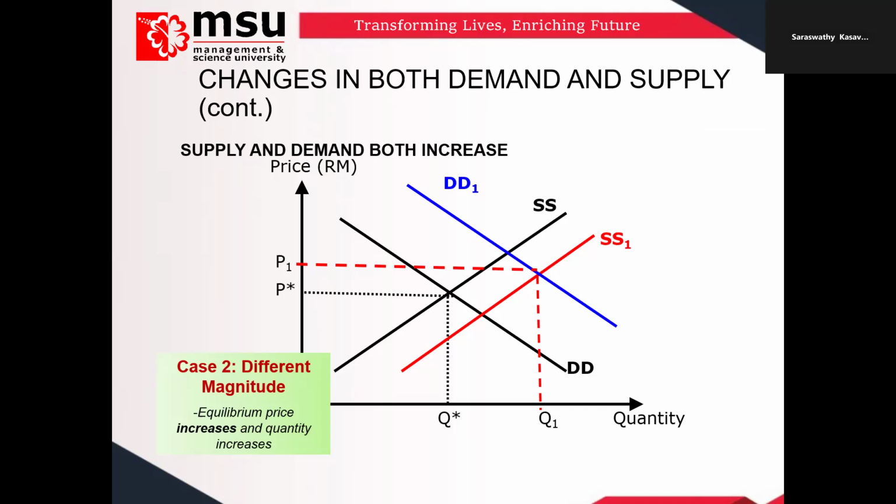So the equilibrium price increases from P star to P1, and the quantity increases from Q star to Q1.